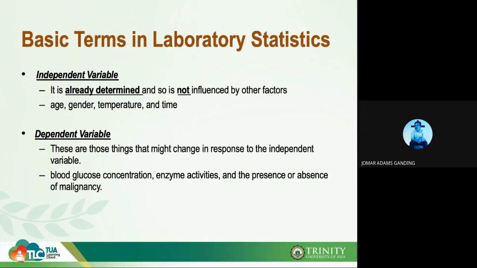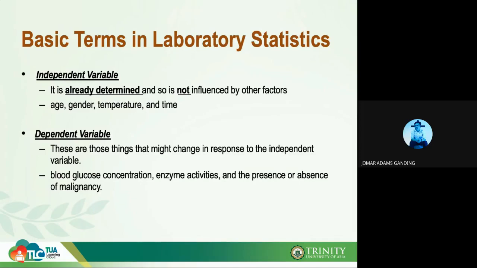Your independent variable has a direct effect on your dependent variables, such as your blood glucose concentration, your enzymes, the presence of malignancy. All of these are dependent variables, because they can change depending on your independent variable.